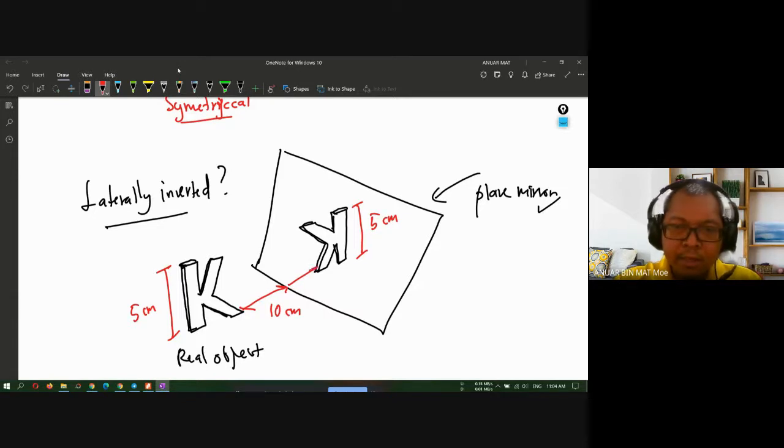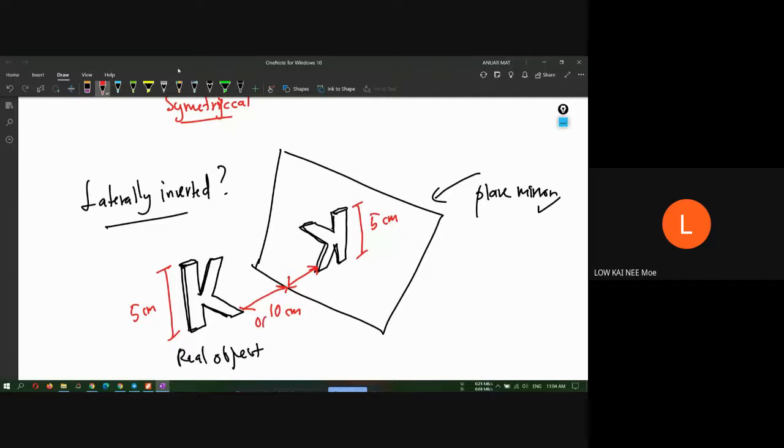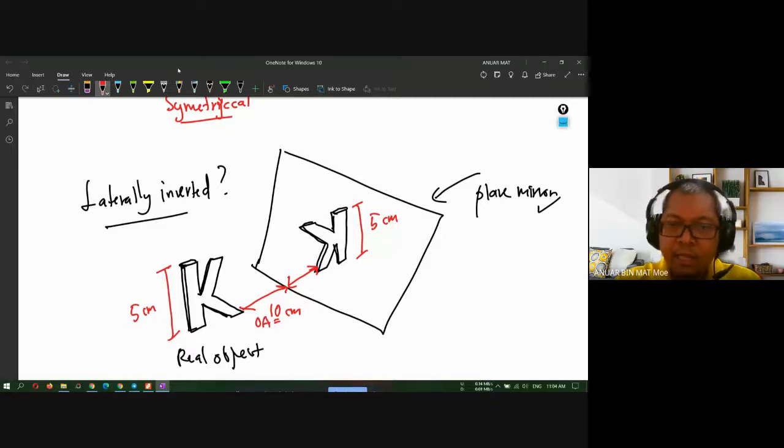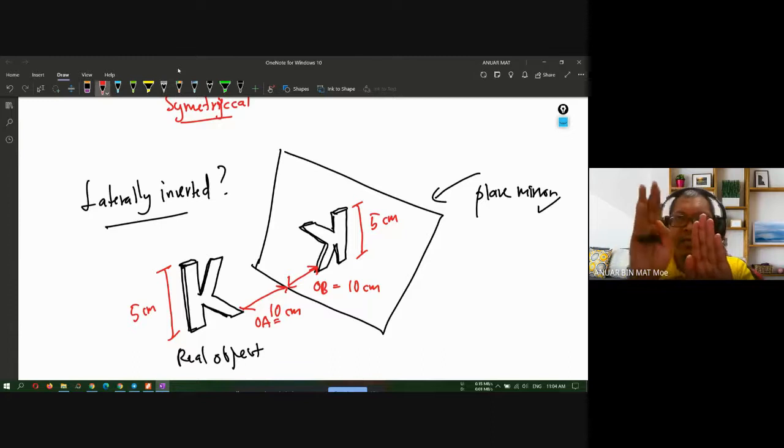So what is the distance OB? Yes, very good. So the OB here is also 10 centimeter. But the image is laterally inverted. That's all. Is it okay, class? Can you understand this? Okay, very good.